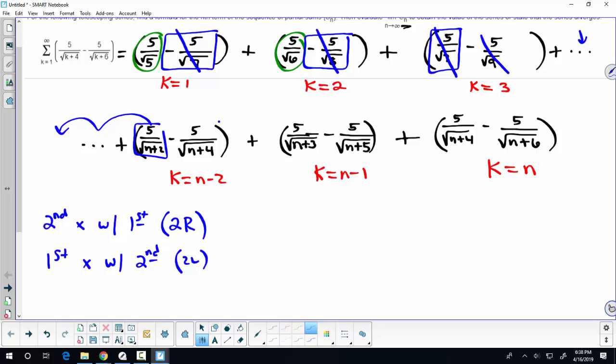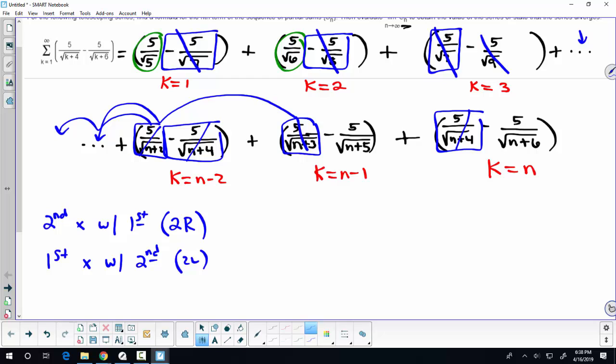Yeah, it cancels. We see that canceling with this one here. When you say 2 to the right, you're counting the parentheses. Yeah, so pairs, the first pair, the second pair, yeah. 5 over root n plus 3 cancels with the one that's 2 to the left. So this cancels with this one right here.